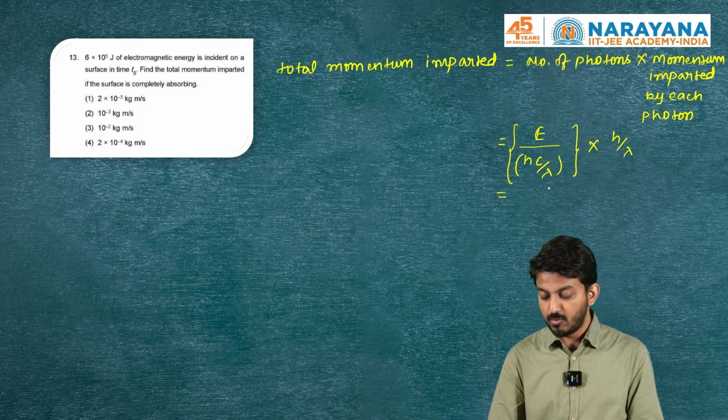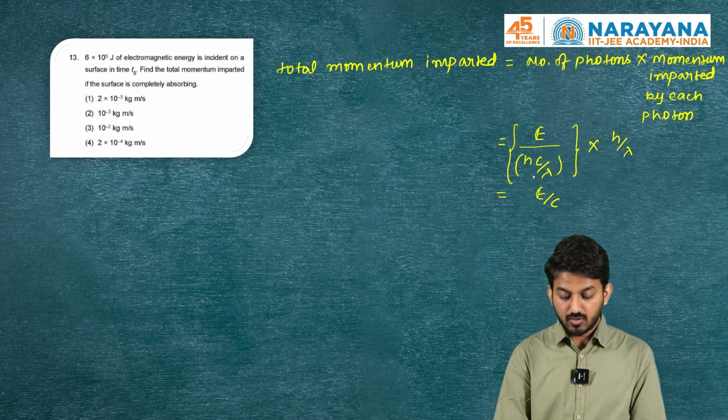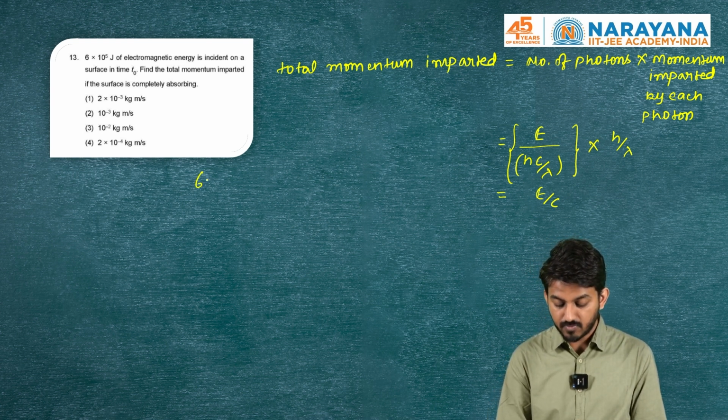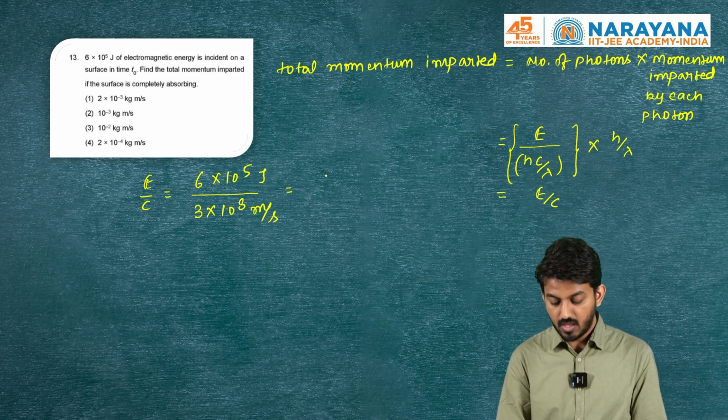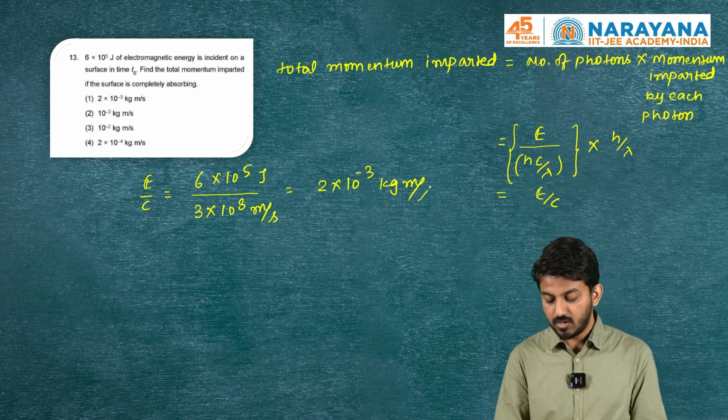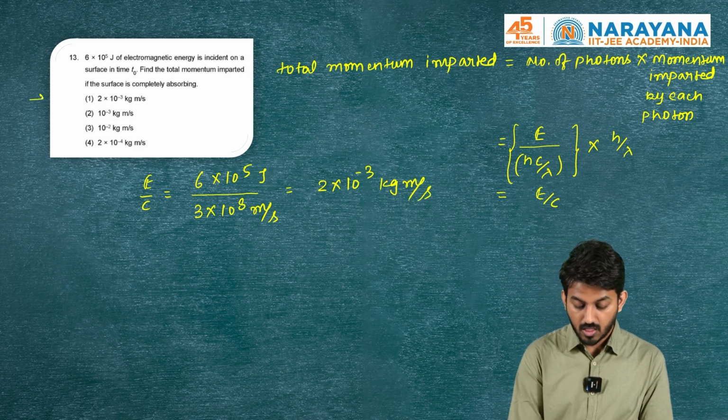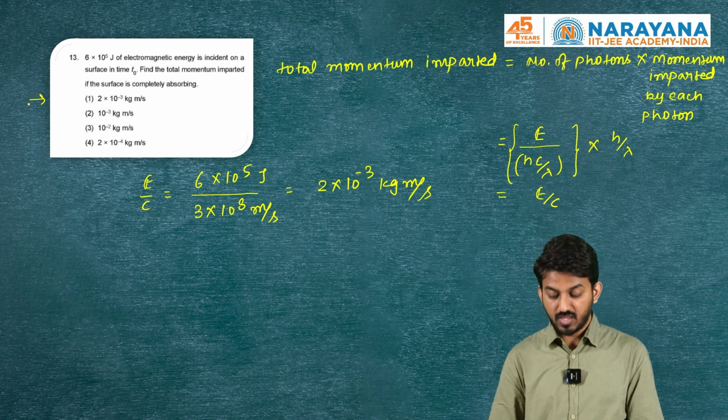Therefore, total momentum imparted comes out to be equal to E by C. So to calculate the answer here, we can do 6 into 10 raised to power 5 joule divided by C, which is 3 into 10 raised to power 8 meter per second, giving us 2 into 10 raised to power minus 3 SI units, which is kg meter per second. So first option here, simple question.